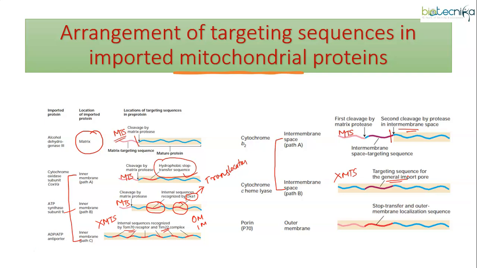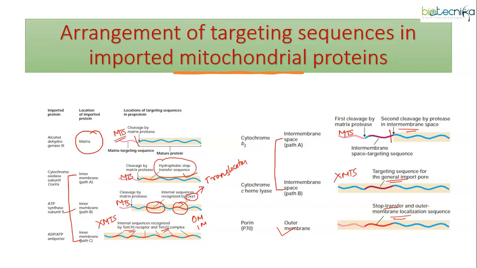They directly enter the intermembrane space via the general import pore. Then if you look at the outer membrane proteins like porins, they do not have any specific MTS, but they will have a stop transfer outer membrane localization sequence. That will help the polypeptide to be tethered to the outer membrane.